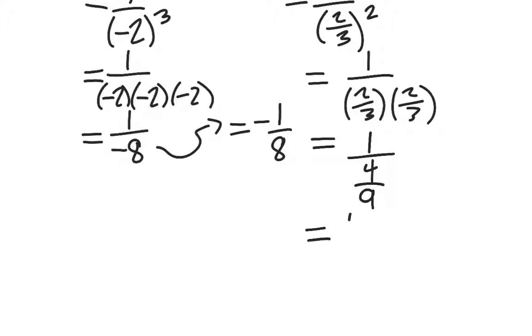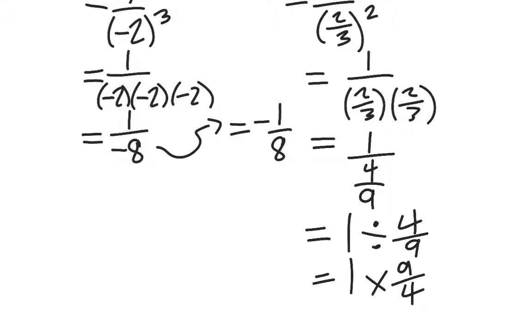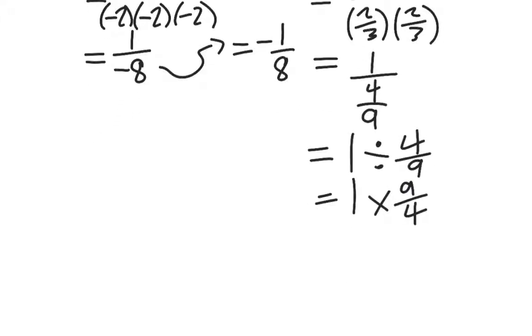So let's write that down. 1 divided by 4 over 9. And when you're dividing by a fraction, you need to multiply by its reciprocal. So that's going to be 1 multiplied by 9 over 4, which simplifies to 9 over 4, because anything multiplied by 1 stays exactly the same.